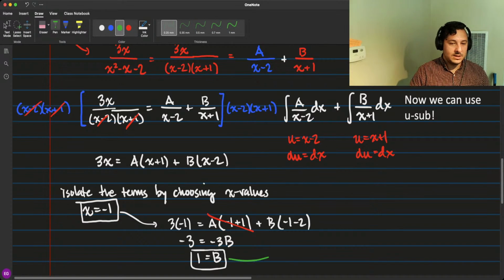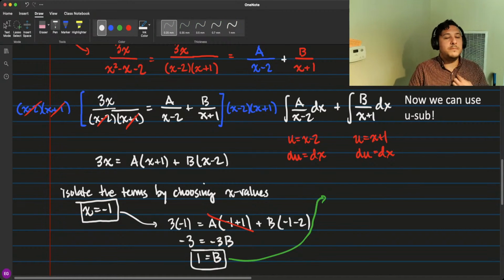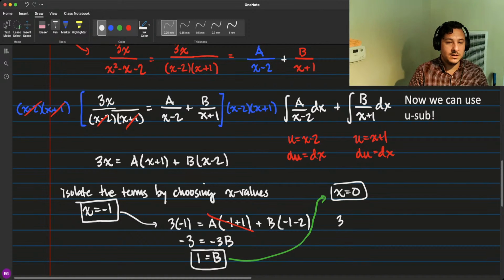Okay, then now we can use this. We'll assume that b equals 1. And then we'll just plug in, I don't know, x equals 0. So you'll get 3 times 0 equals a times 0 plus 1 plus, what was our b? 1.